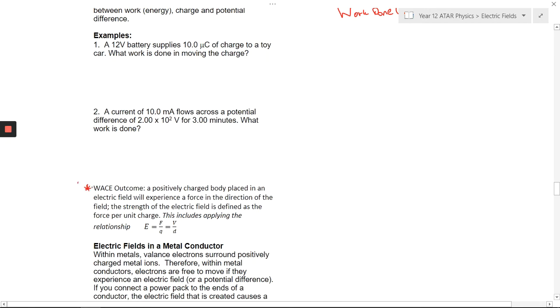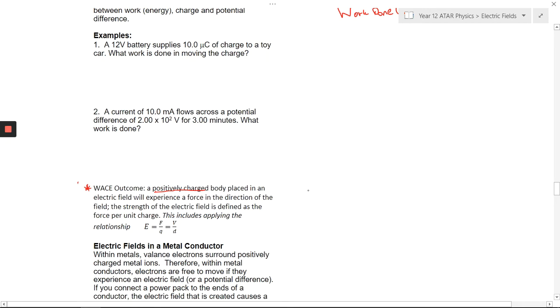This is an interesting one. A positively charged body in an electric field will experience a force. Well, that's obvious. It's the same as a mass around another mass experiencing a force due to the gravitational field. So a positively charged or negatively charged body will experience a force if put in a field.